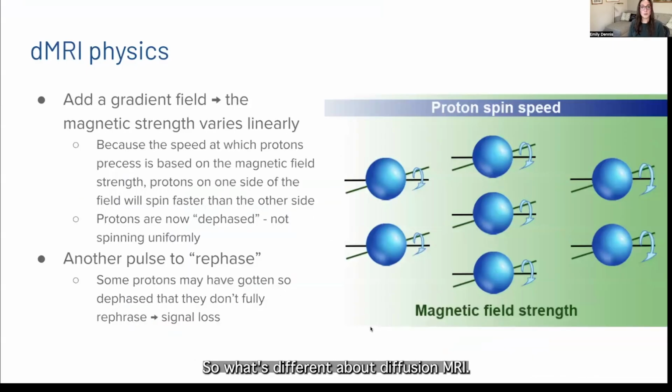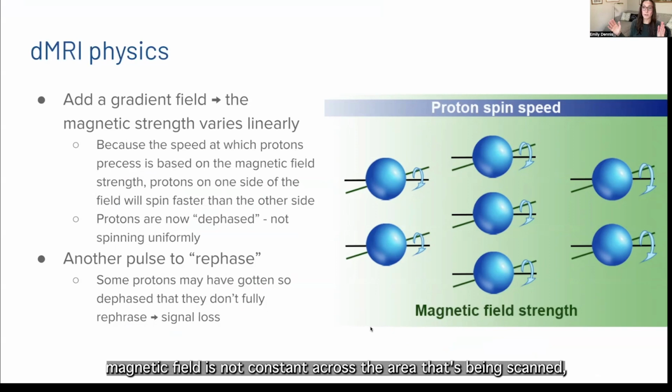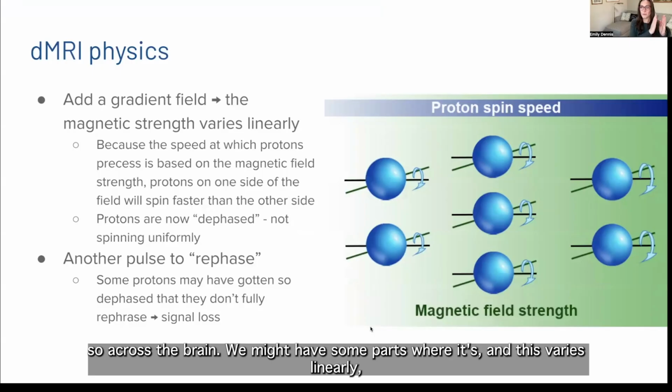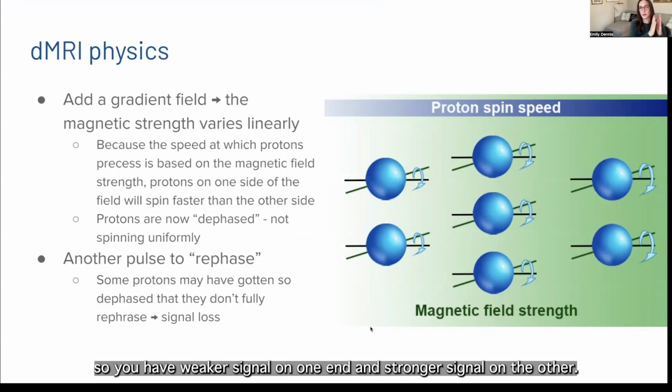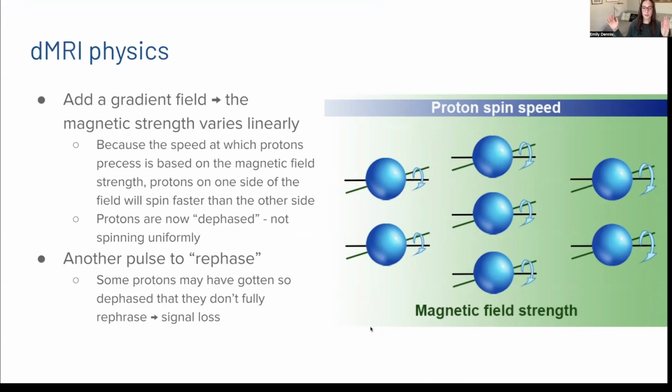So what's different about diffusion MRI? That was just basic MR physics. With diffusion MRI, we add a gradient magnetic field, meaning we add a magnetic field where the strength is not constant across the area that's being scanned, so across the brain. This varies linearly, so you have weaker signal on one end and stronger signal on the other.